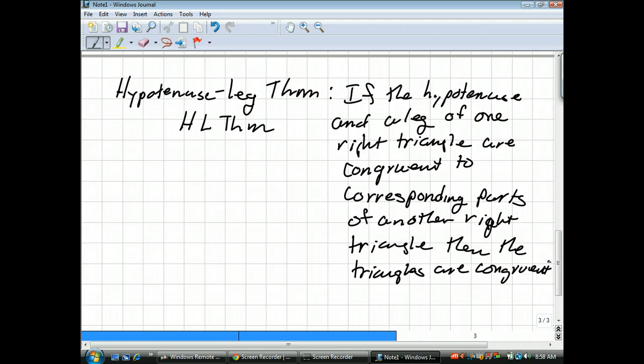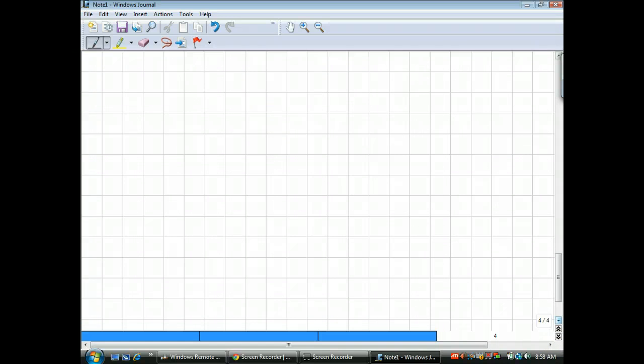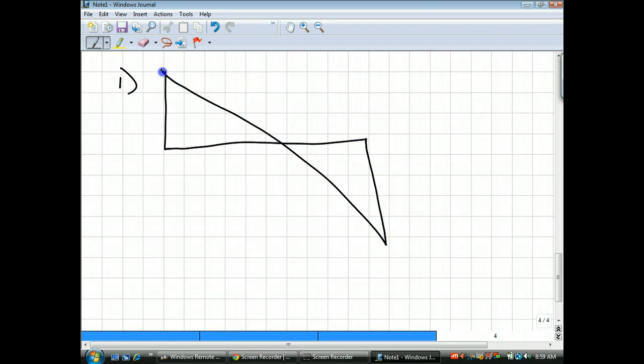Okay, so let's look at some examples here. Okay, so example 1. Okay, this is parallel to this. This is a right angle, and this is a right angle. And so what can we determine?